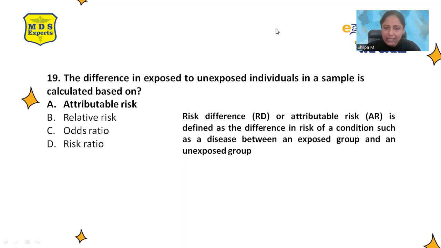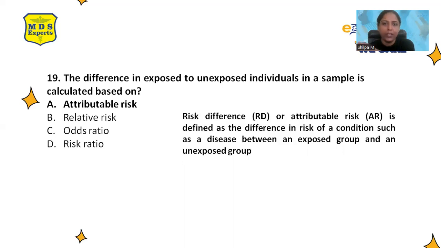It is also called risk difference. Risk difference or attributable risk is defined as a difference in the risk of a condition such as a disease between an exposed group and an unexposed group. Let us take an example, tobacco chewing and oral cancer. If you speak about the effect of tobacco chewing and oral cancer in terms of attributable risk, you are making a better public health significance.